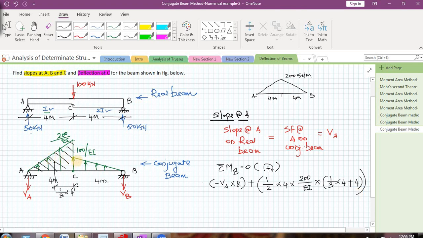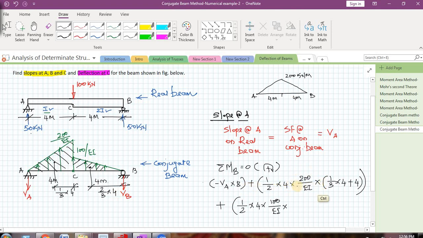Now let me take this uniformly varying load. That also will cause a clockwise movement, so I should write it as plus half of, the load is half of base is 4, height is 100 by EI, multiplied by the CG distance, which will actually be 2/3 of 4.